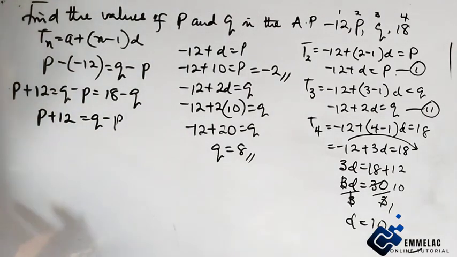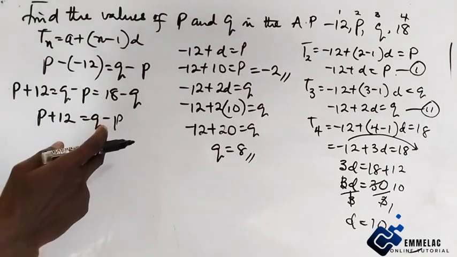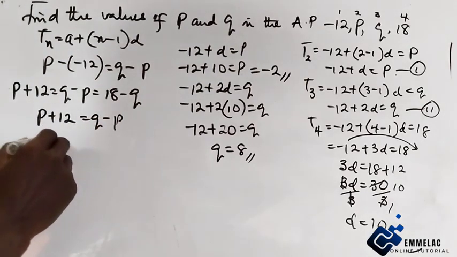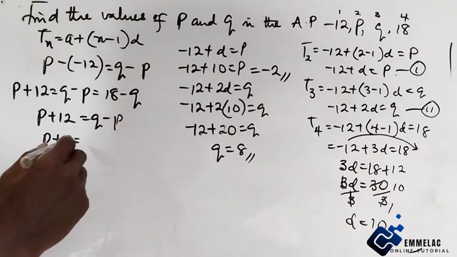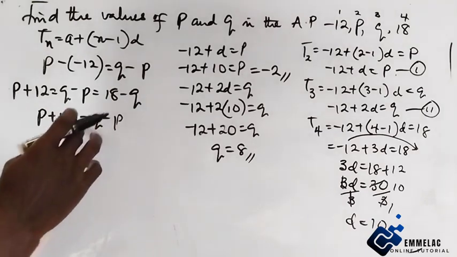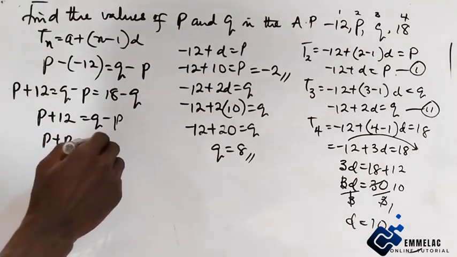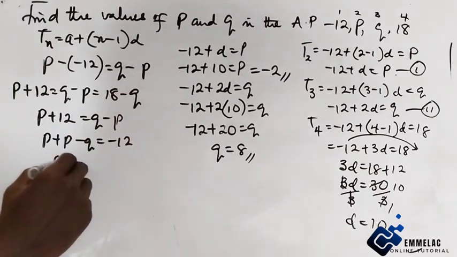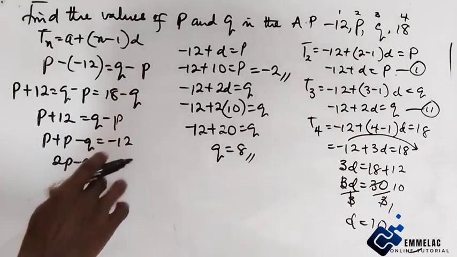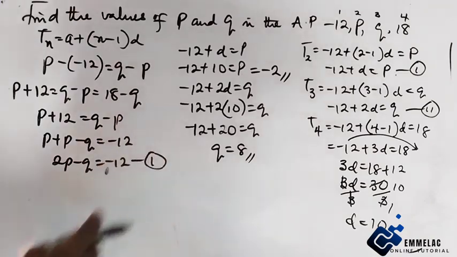Now if you collect like terms here, you have P plus P, then bringing Q here, minus Q equals minus 12. So here you have 2P minus Q equals minus 12. This is equation 1.